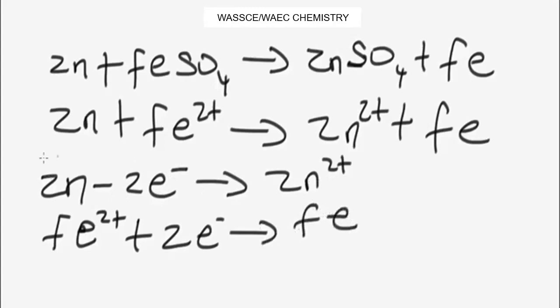So this is oxidation, this is reduction. All right, so zinc got oxidized in this reaction, whereas the iron got reduced in this reaction.